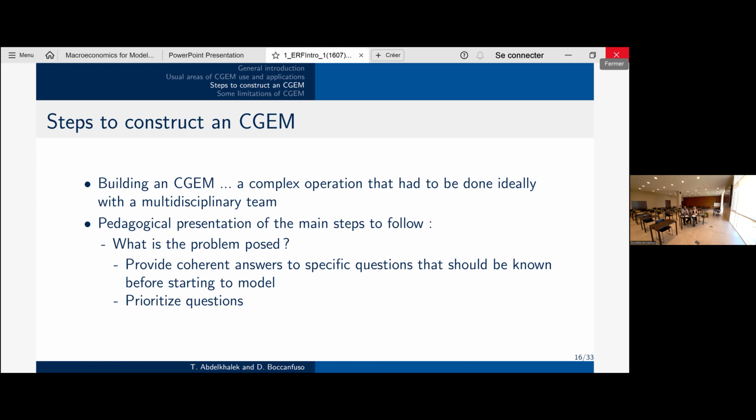We need more time, it can be time consuming, and in a department we generally need a multidisciplinary team. For a pedagogical purpose only, we have here the important steps to follow.